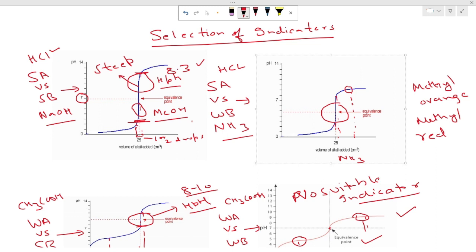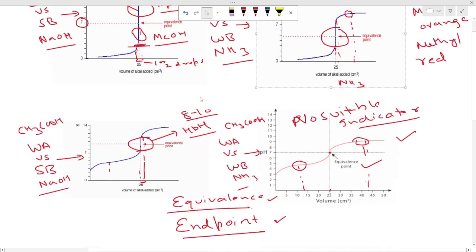Although we are at pH 8.3, the equivalence point is also attained, and there is no significant error in the volume. Also there is a sharp change in color, so we make use of phenolphthalein as indicator, although its endpoint is at pH 8.3.